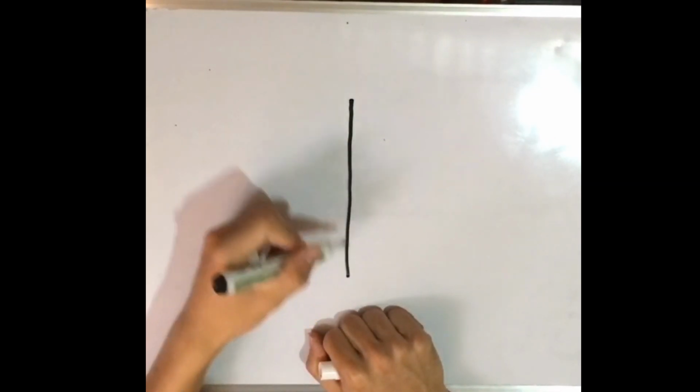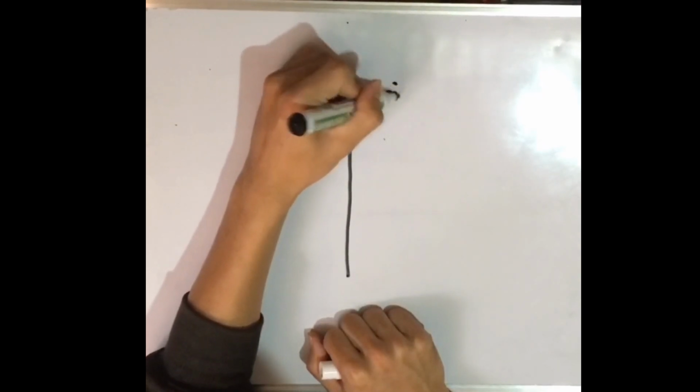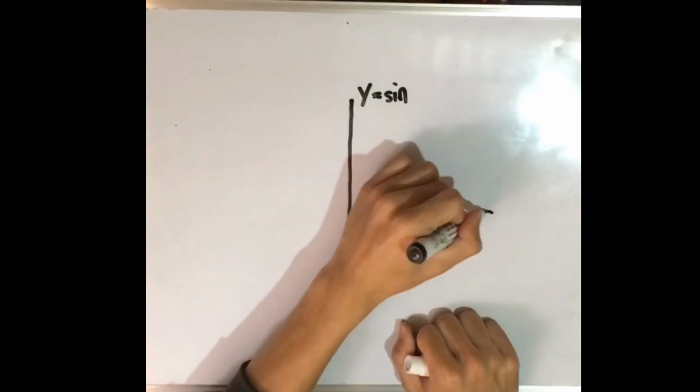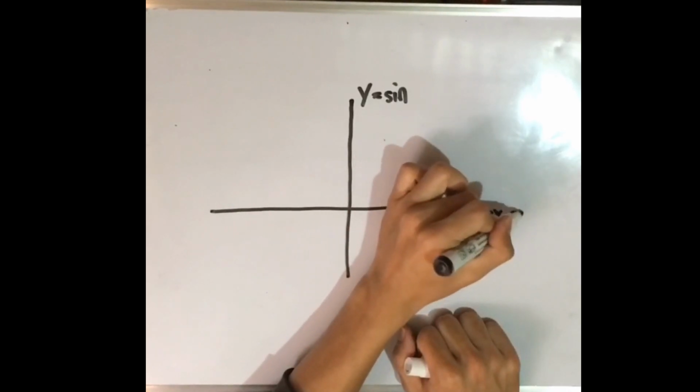This vertical line is the y-axis or the sine, and this horizontal line is the x-axis or cosine.